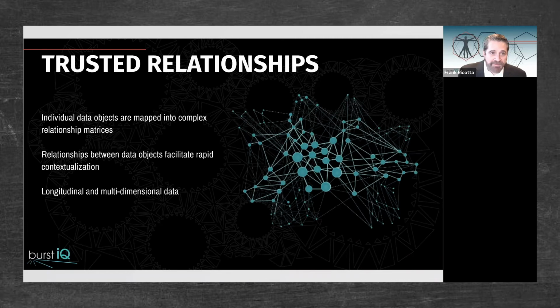And the last aspect of graph models is that they're multi-dimensional. Really, what we're talking about is not just how a piece of data relates to each other. We're talking about including longitudinal, temporal-based data sets, as well as geography or positional, and all kinds of other really cool attributes around the data.